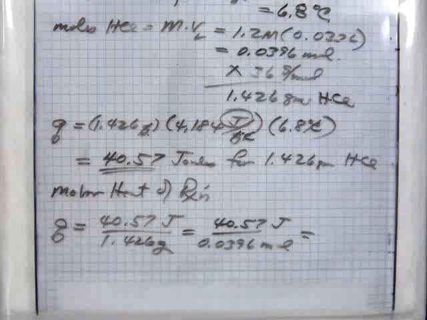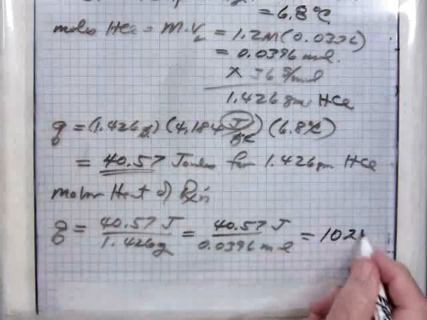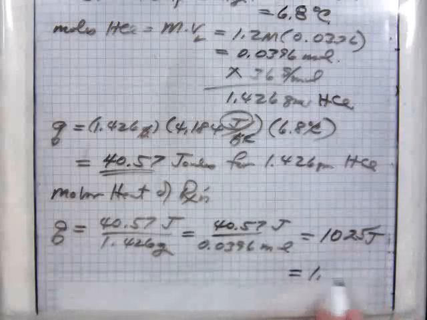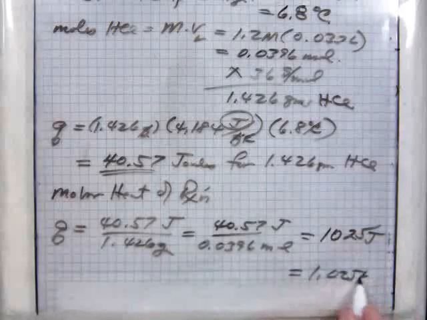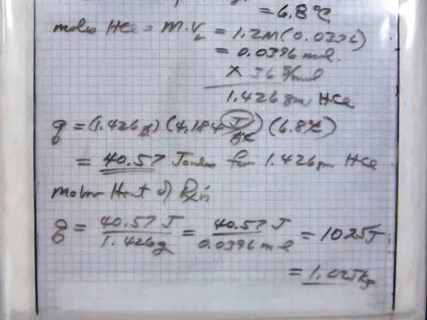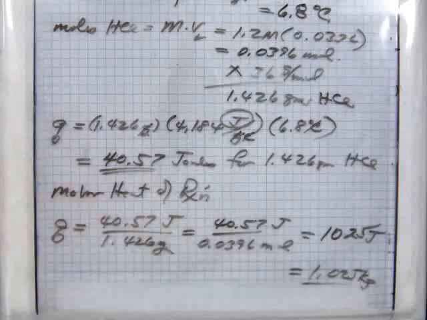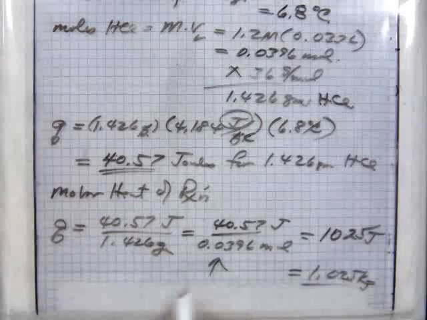And then you divide that number into 40.6, and we have 1025 joules, or 1.025 kilojoules if divided out by 1,000. So the problems are still proportional and related to equations, but you need to learn about normalization.